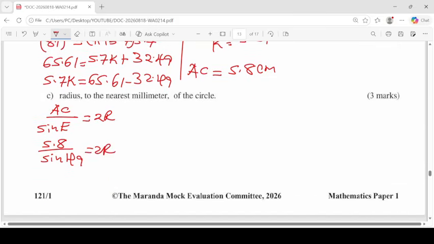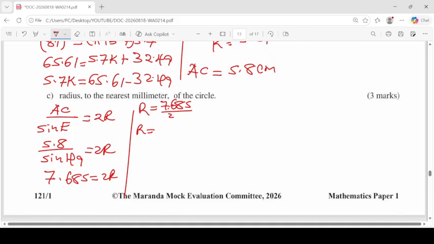So this will be 5.8 divided by sine 49, you get this as 7.685. 7.685 is equal to 2R. Therefore, our R will be 7.685 divided by 2.